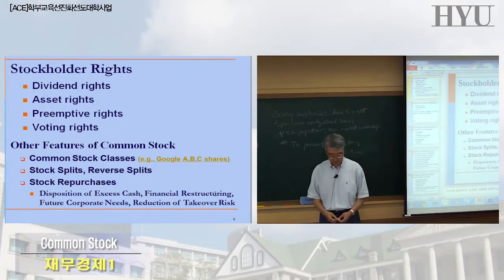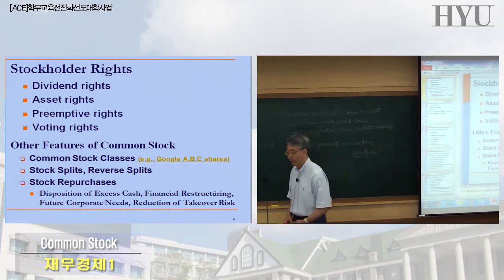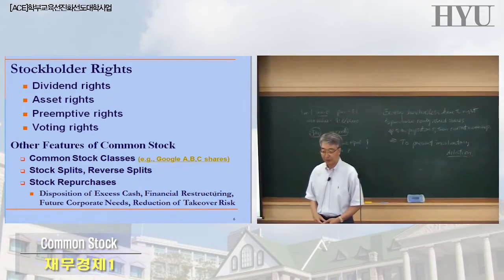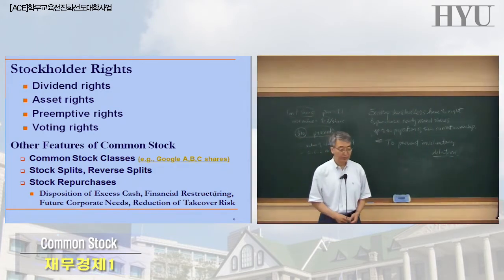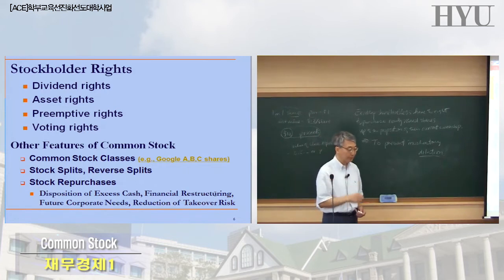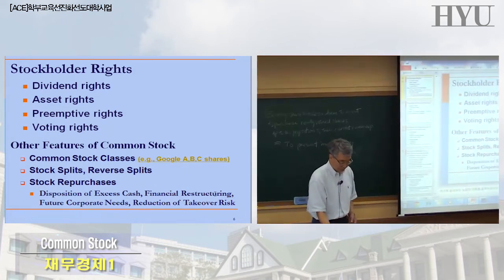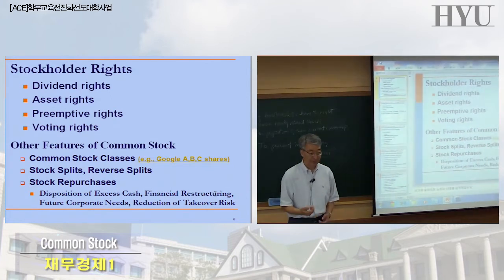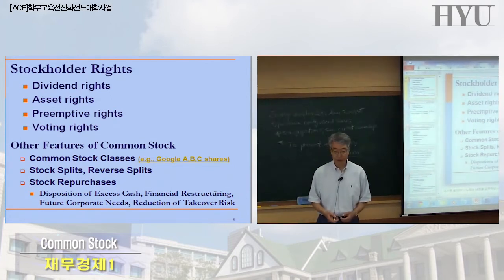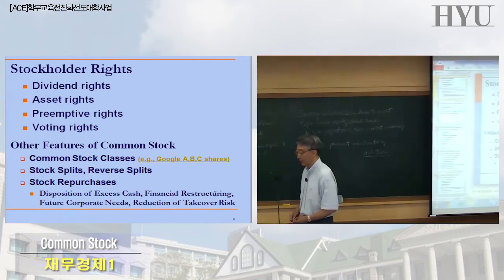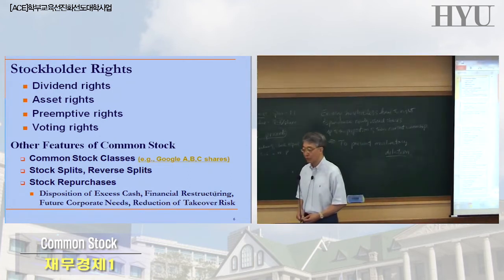And then voting rights. Voting right is another important right, especially for major holders. For minor holders, the voting right is not very important. If you own, let's say, 100 shares of Microsoft stock, your importance will be very small. Of course, you will be given a voting right, but typically voting rights are proportional to the number of shares you own.